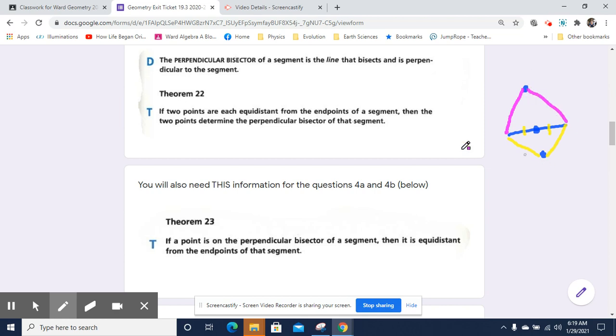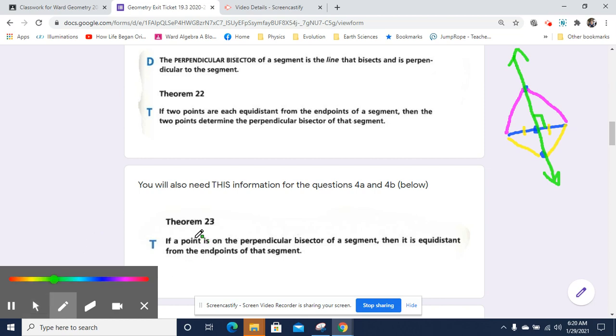Any two of these points could be chosen to be the determining points to make a line that is the perpendicular bisector. So it bisects the segment, and it is perpendicular to the segment because each of these points is equidistant from the endpoints of the segment.